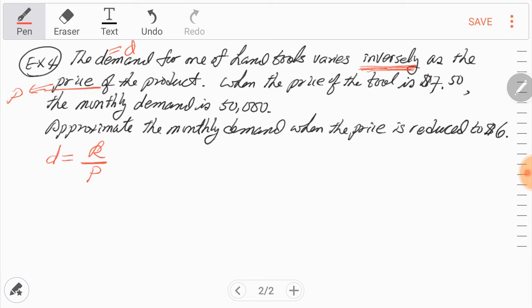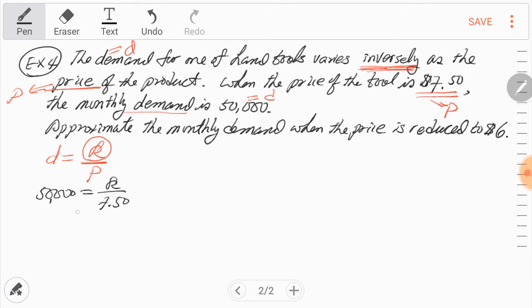Okay, so from here, let's find the constant of variation k. And then the price is given. If the price of a tool is $7.50, so this is P, then the monthly demand is 50,000. So let's use these two values to find k. So demand is 50,000, k over P is 7.50.